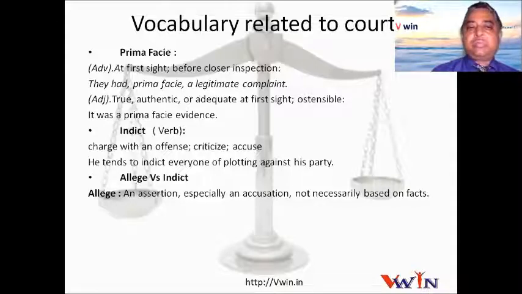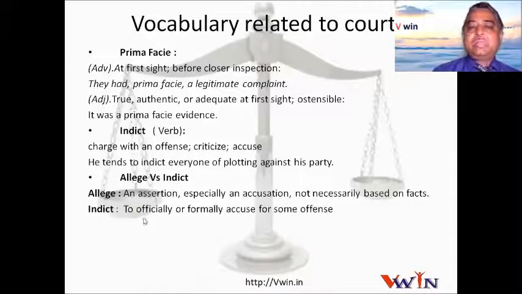So, for example, if somebody alleges, it may not necessarily be based on facts. It is just a blame or claim of something. While indict means to officially or formally accuse. If in an office a person writes an application or a mail to the HR department about certain issues he or she is facing because of someone else, then he is indicting.